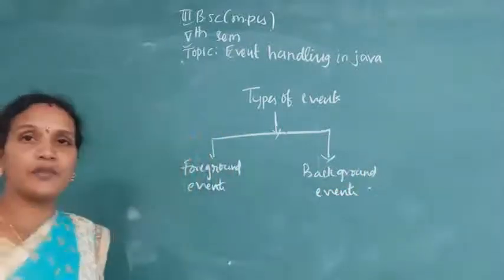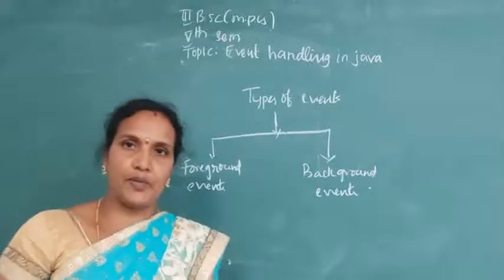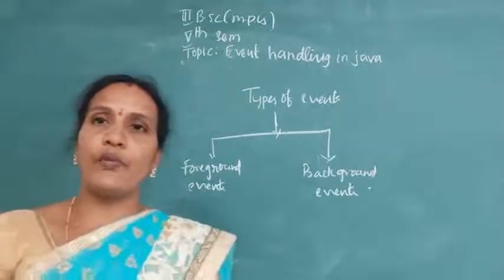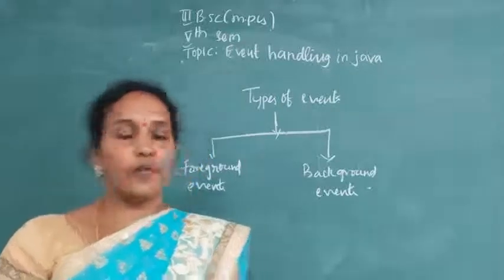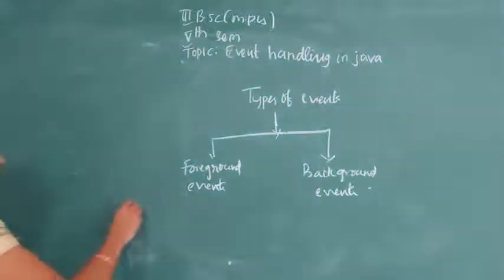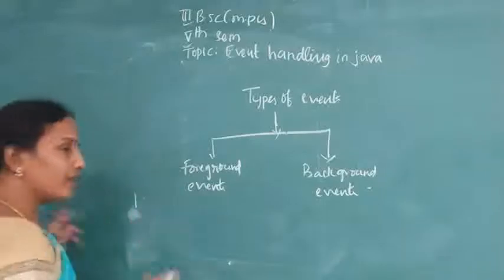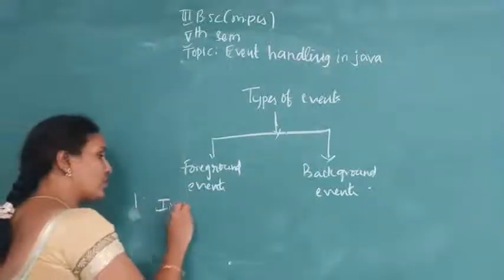Okay, how many types of events do we have? Two types of events. One is the foreground and the second one is the background. Foreground means here we need an interaction of the user.